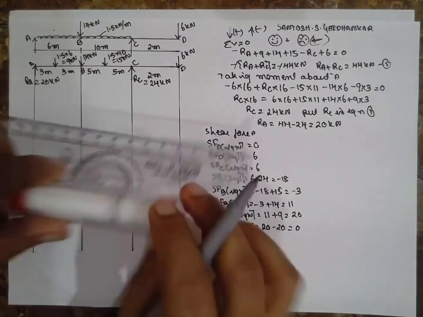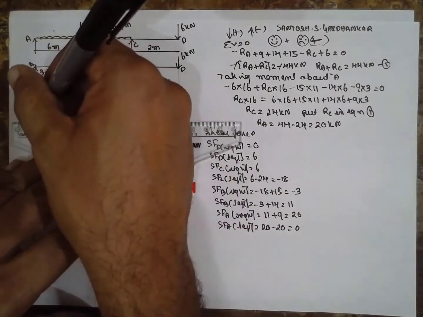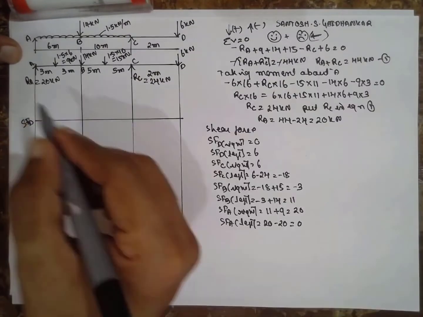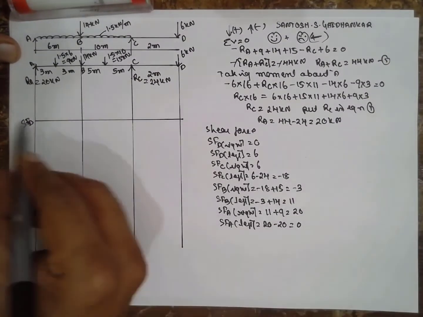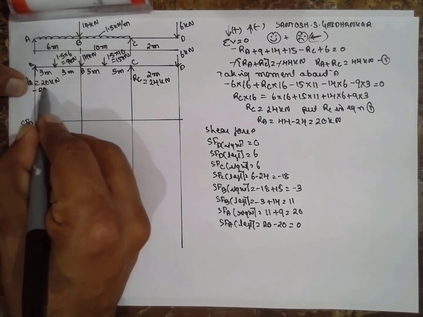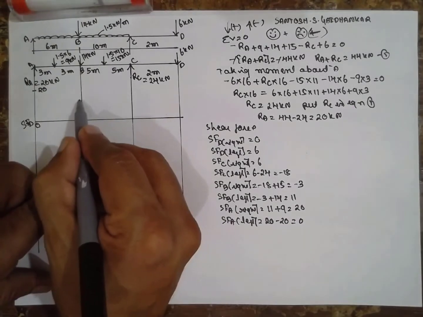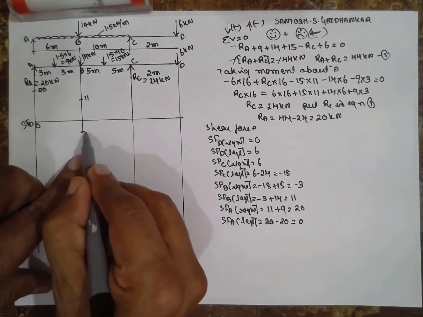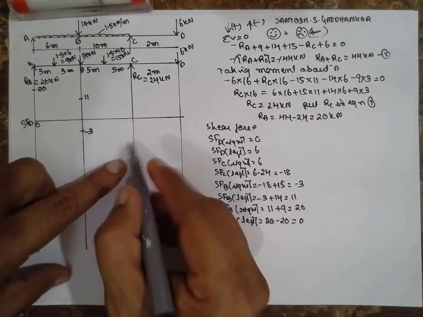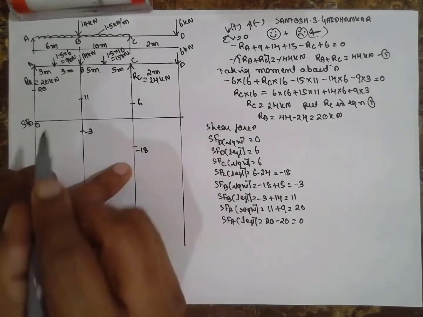Draw the shear force diagram here. In the SFD, above is positive, below is negative. At A the first value is 0, and then 20. At B there are two values, 11 and minus 3. At C, minus 18 and 6.